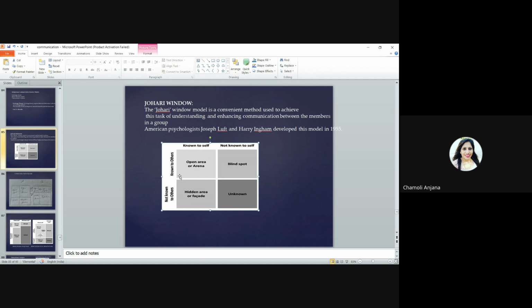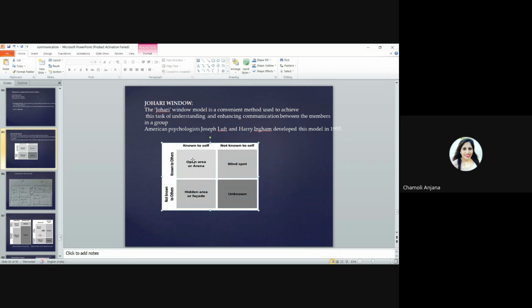So this area should be larger in any person's window. For a person to communicate well, it is possible if the open arena is bigger, and this can be bigger if the person knows himself. And how can he know himself? If he is taking feedback from others.